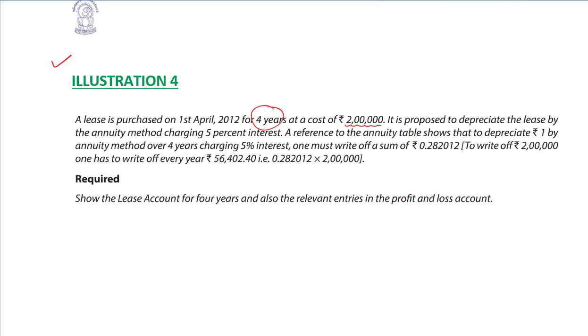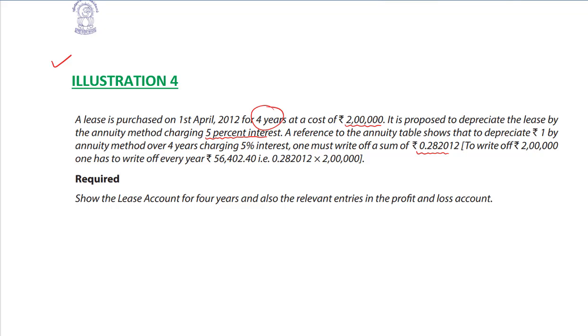It is proposed to depreciate the lease by the annuity method charging 5% interest. A reference to the annuity table shows that to depreciate rupee 1 by the annuity method over 4 years charging 5% interest, one must write off a sum of 0.282012.